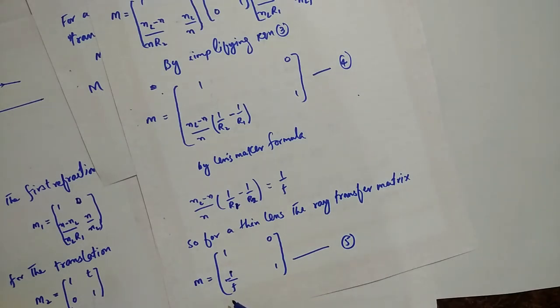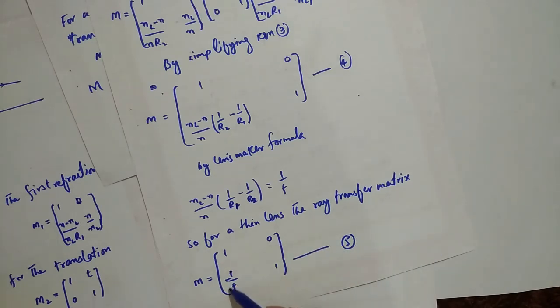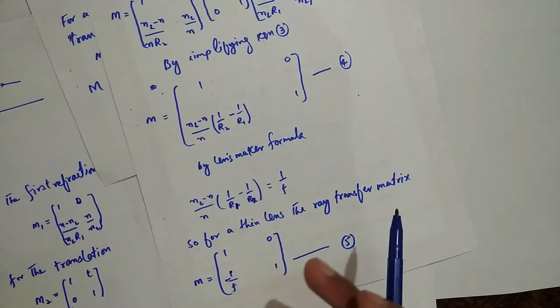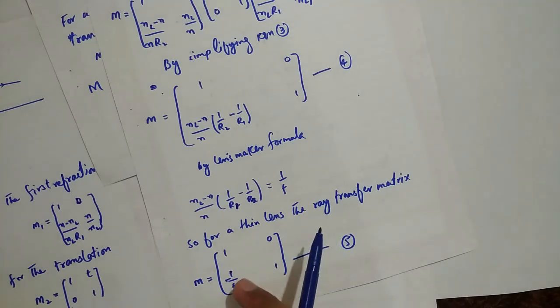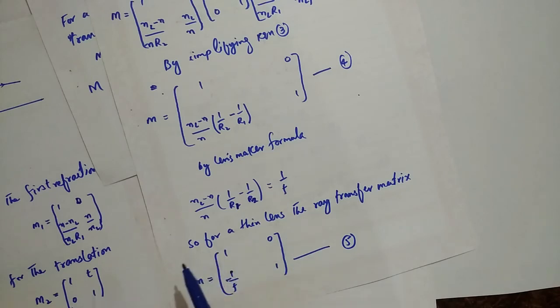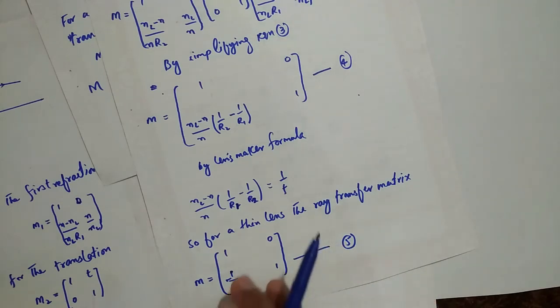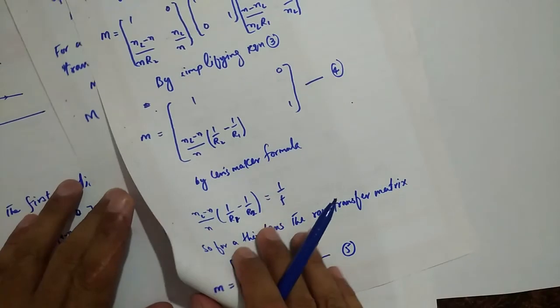Here, as usual, f is taken positive for a convex lens and negative for a concave lens. If the thin lens is convex, it will be positive, while if the thin lens is concave, it will be negative. This matrix and those previously derived, which we already derived for the translation and for the refraction from a spherical interface, I have written here almost all of those.